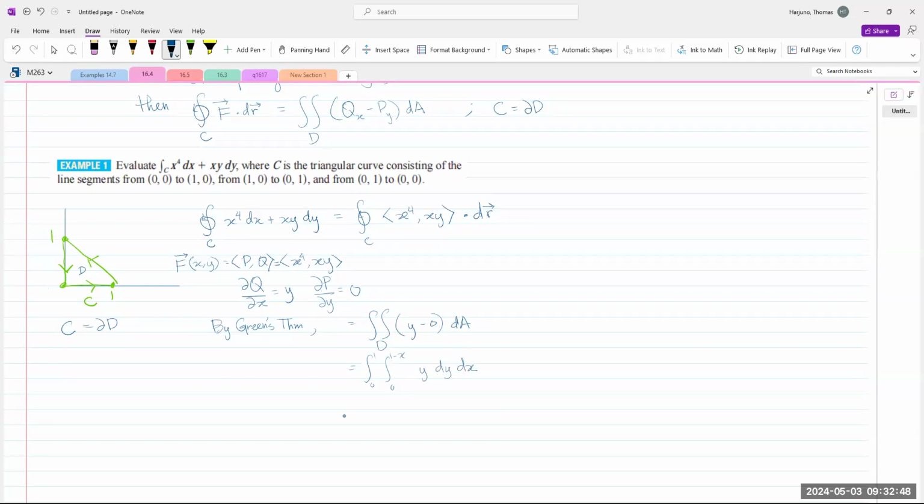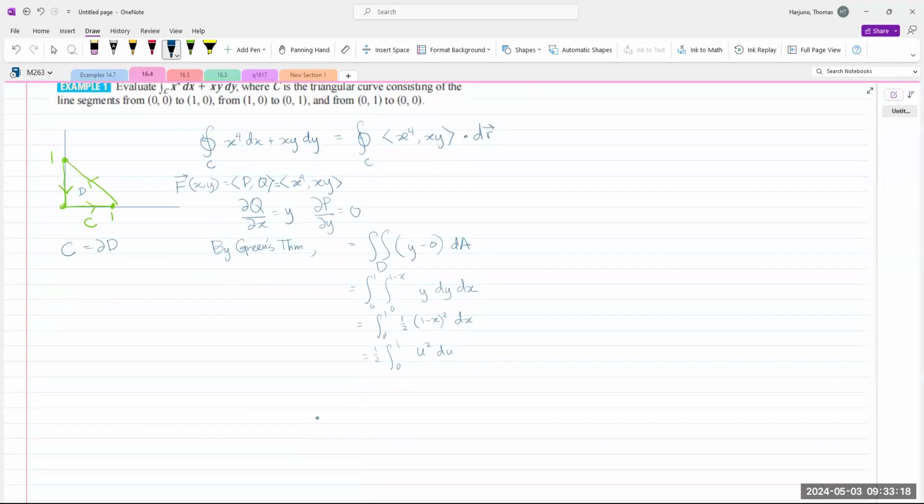Is it right? Which is equal to the integral from 0 to 1 of 1/2 (1 minus x) squared dx. We integrate again. I will do a little substitution here. The integral from 0 to 1 of 1/2 u squared du, which is 1/6.